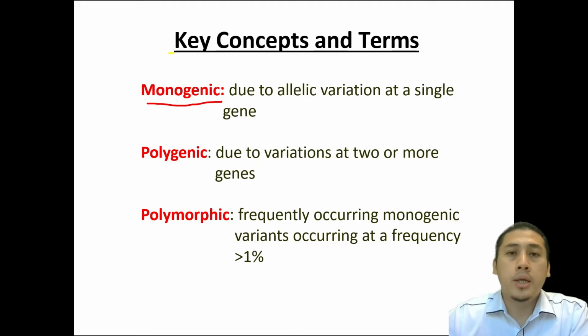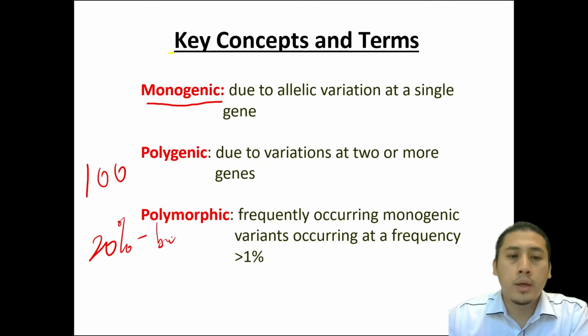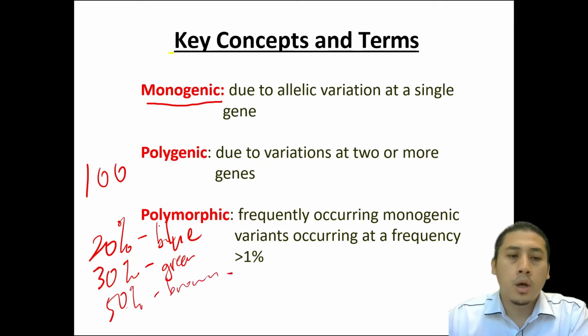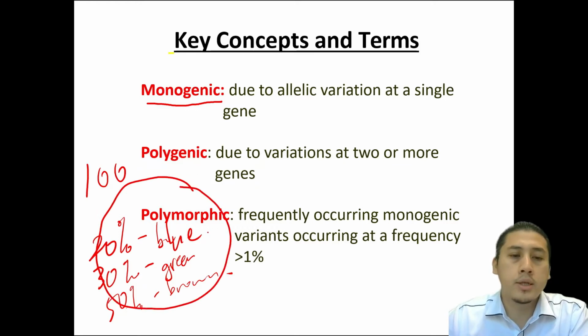For example, in a population of 100 people, you have 20% blue eyes, 30% green eyes, and 50% brown eyes. We call this polymorphic because the population that has blue eyes is 20%, which is more than 1%, and green eyes 30%, which is also more than 1%. So it's called polymorphic.